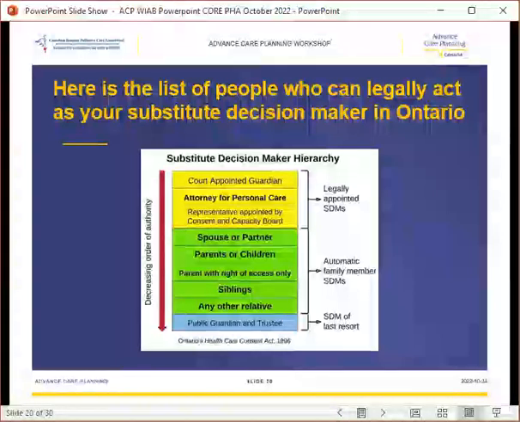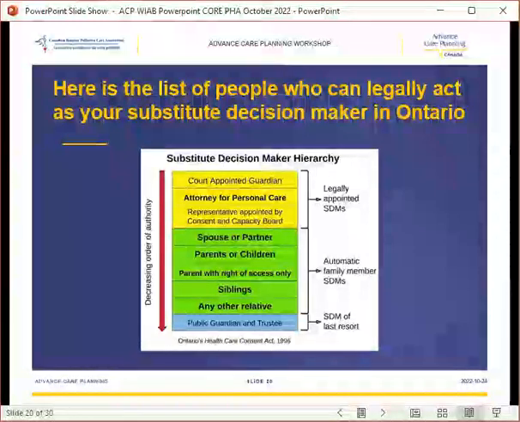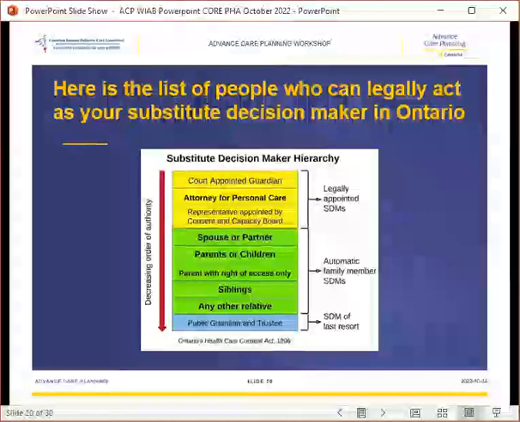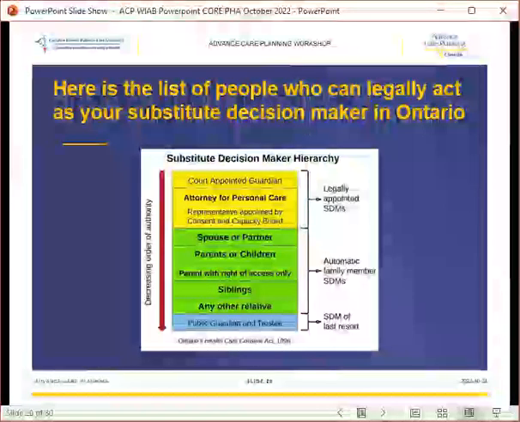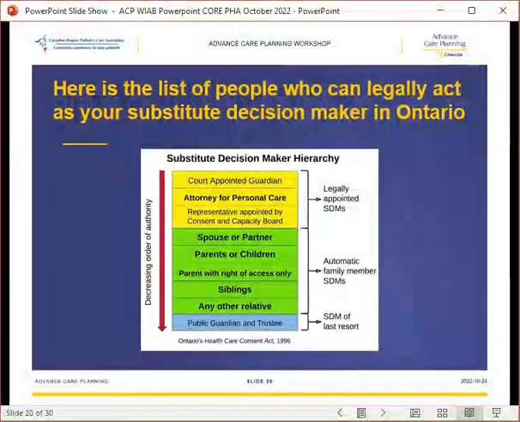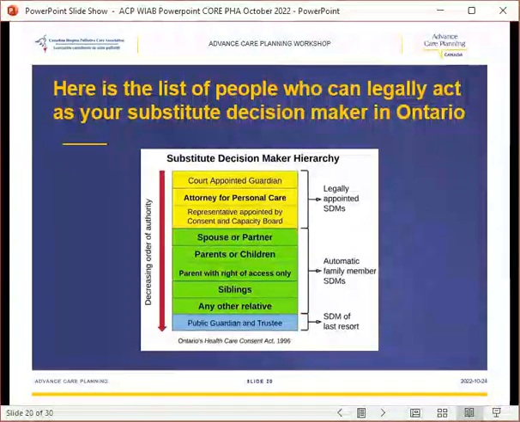If they are not able or willing, then it would fall to your parents or your children. And when it comes to children, there's again no hierarchy in relation to the eldest or gendered roles, but it will be equal. The children can decide for 1 or 2 people to be the primary, and then the healthcare providers would work with them. And then it keeps going down.